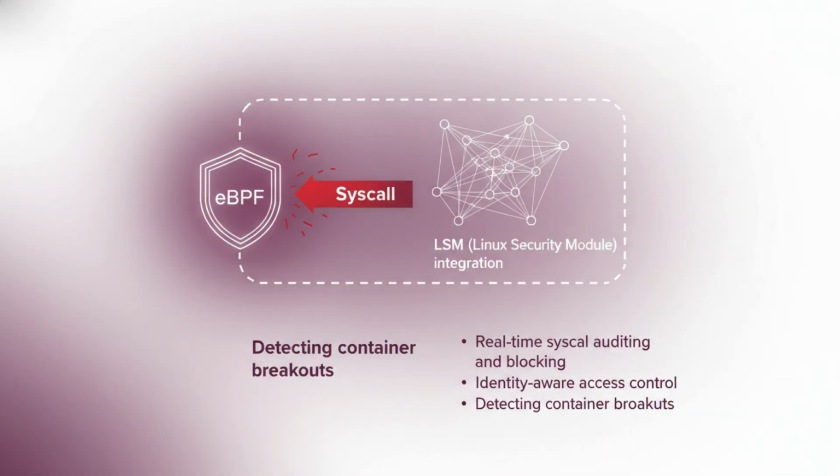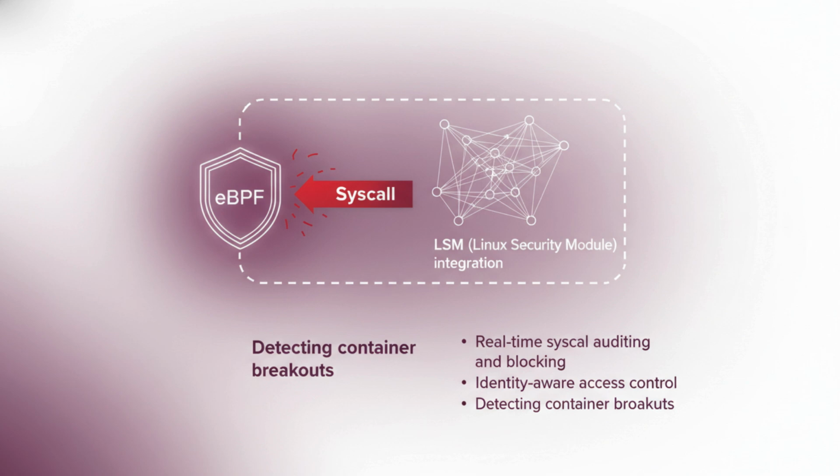Security in modern infrastructure requires moving beyond perimeter defenses. eBPF enables runtime security by hooking into Linux security modules, or LSM hooks. This allows for fine-grained, identity-aware access control. We can monitor and even block system calls in real time based on complex policies.